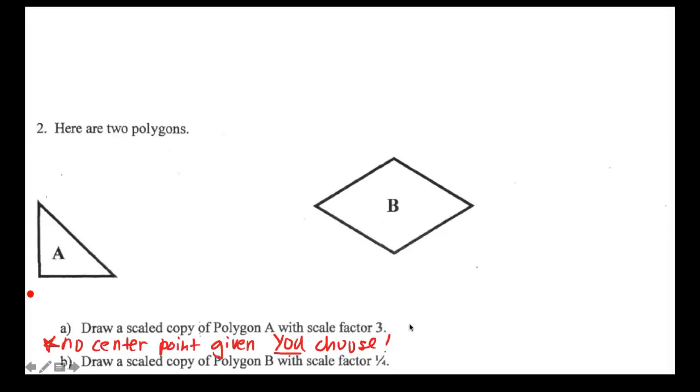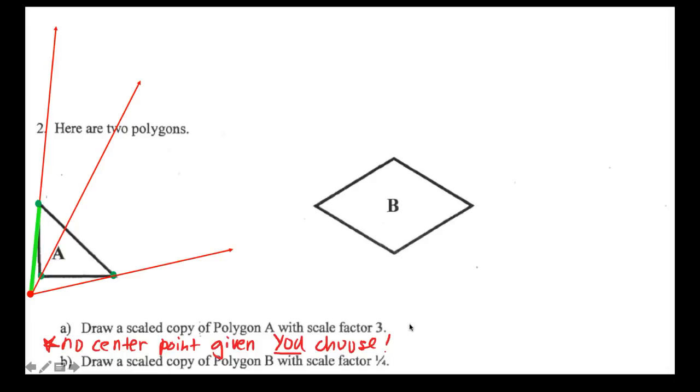So with that center point, the first thing we're going to do before I can do anything else is make rays that go through the 3 points or the vertices of that triangle. So those 3 vertices need rays going through each one. That's step 1 for using my scale factor. So a scale factor of 3 means I'm going to measure from my center to my first vertex.